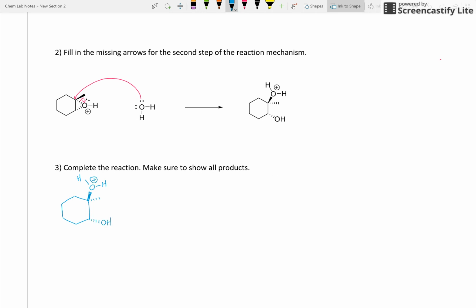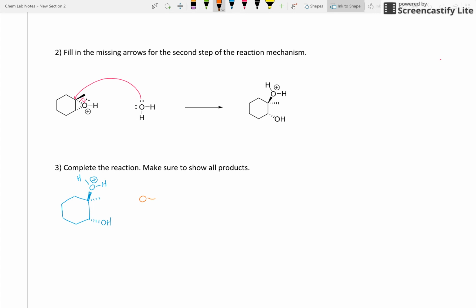What's the problem we have to solve? We've got an oxygen with a plus charge, a protonated alcohol. A very common thing to see, but we need to help that oxygen out. To help that oxygen out, we need to get rid of one of its protons, taking one of its bonds and turning it into a lone pair.